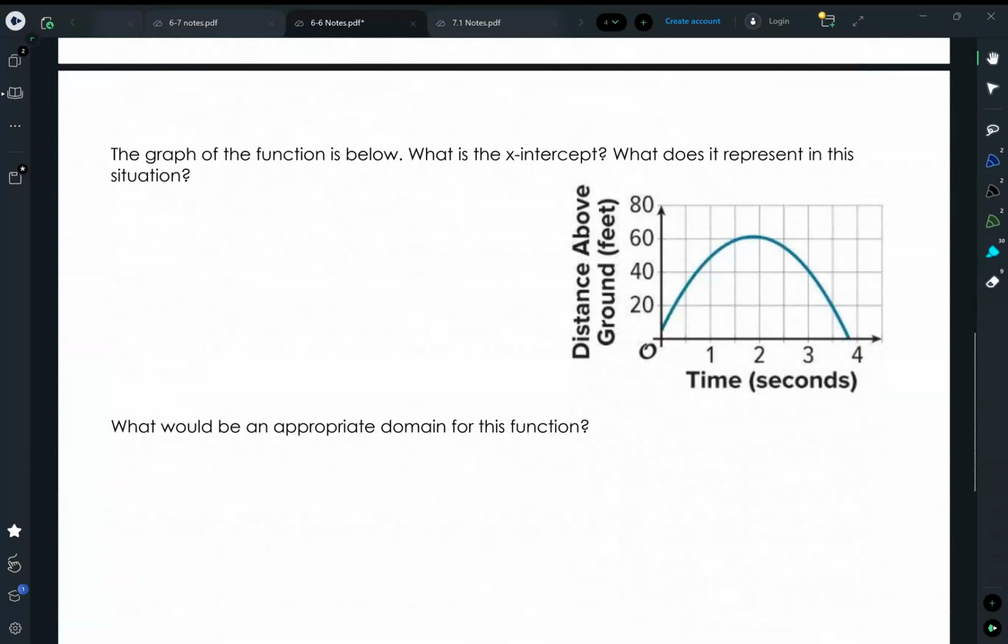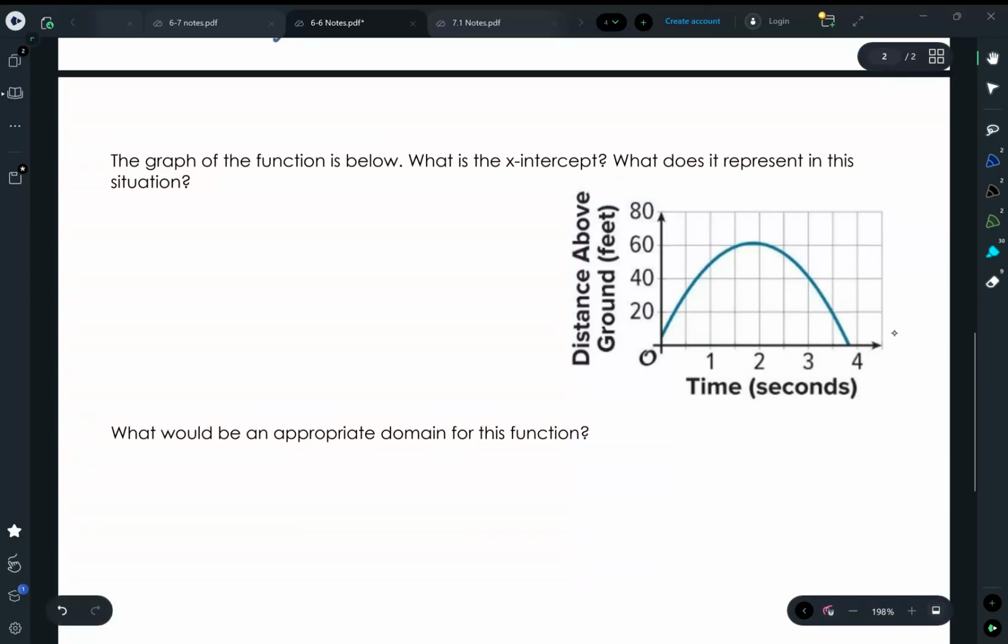So we have the graph of a function below. We want to know the x-intercept. What does it represent in this situation? So x-intercept means I'm looking for where we cross the x-axis. So my x-axis is here. It's labeled 1, 2, 3, 4. So I've got this little line between the 3 and the 4 that shows 3.5.